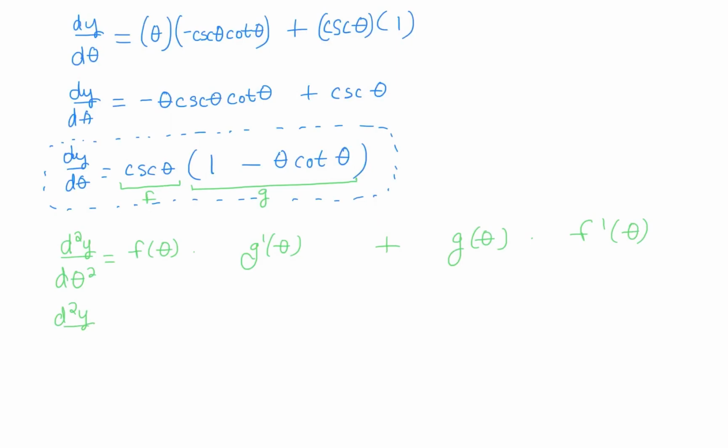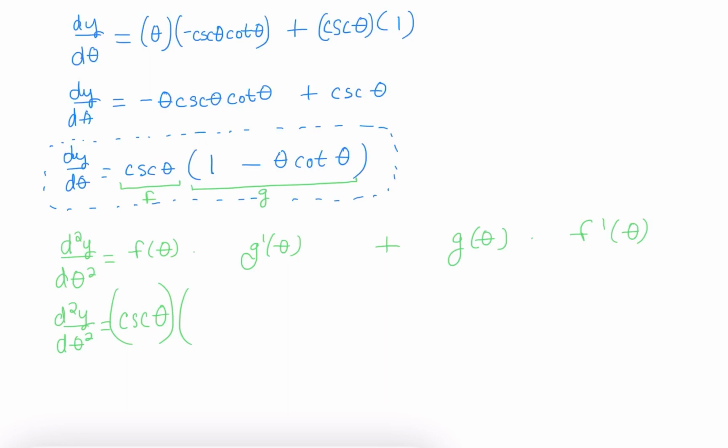All right, so f of theta, the first function left alone, cosecant of theta, times now g prime of theta. This is where I'm going to have a product rule within a product rule. The derivative of 1 is going to go to 0.